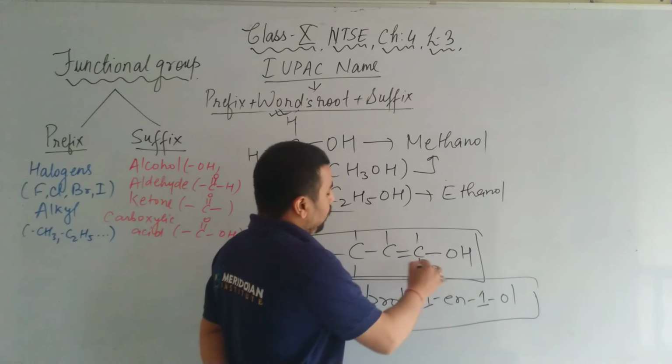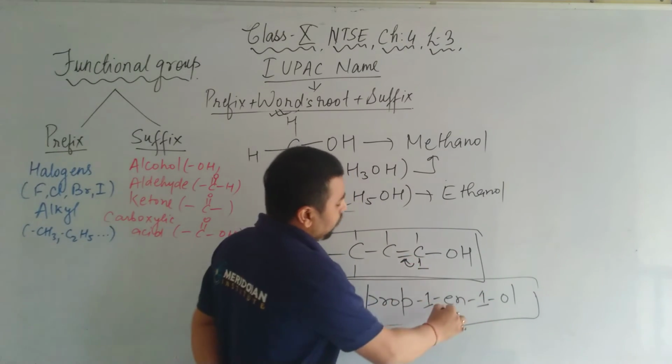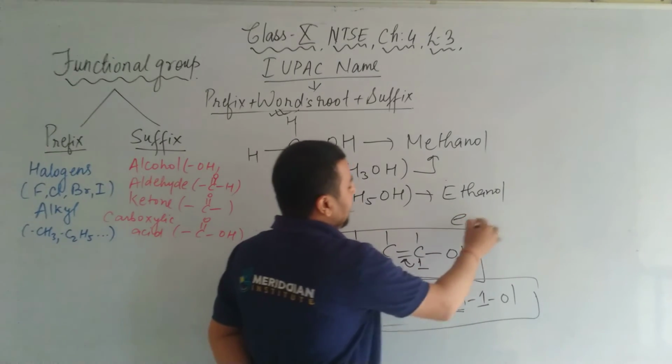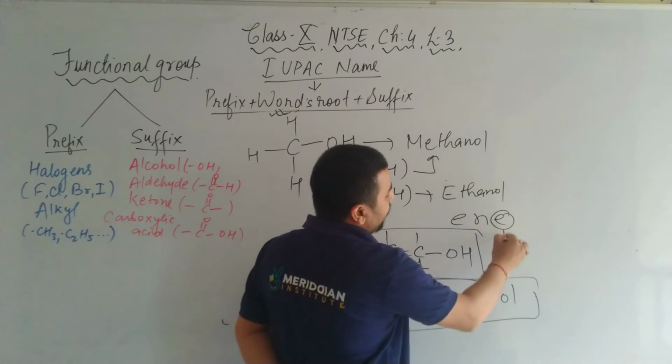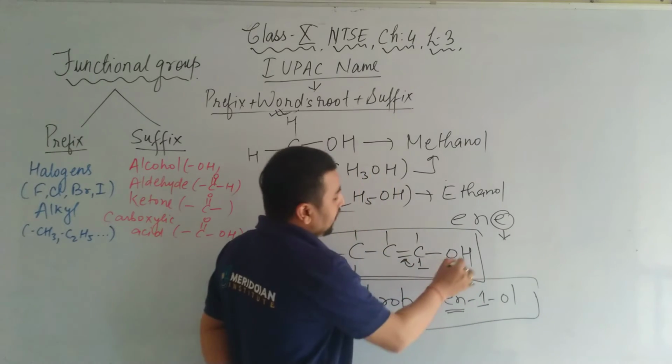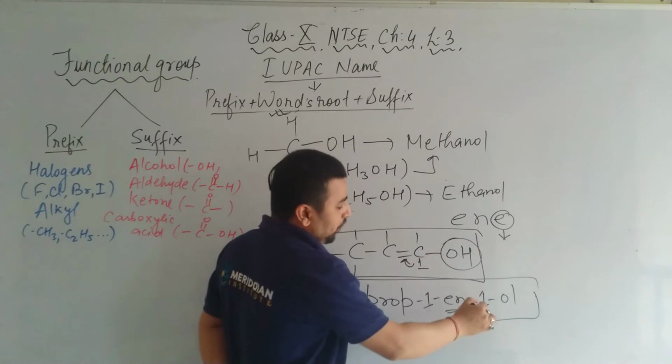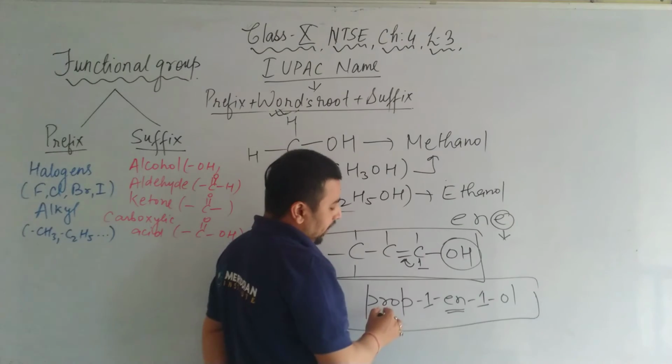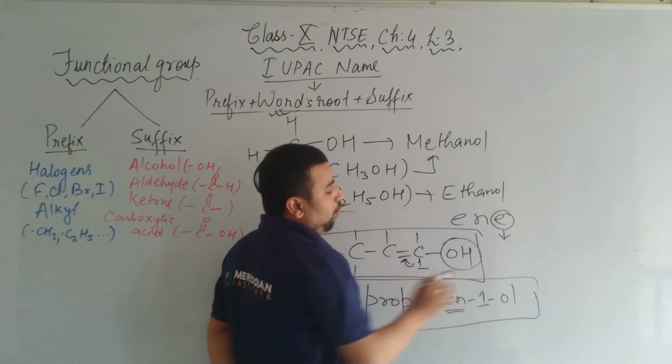Because at the first position the double bond is there, so that's why -ene and -ol. This E we have to remove and add the functional group at the first position. So that's why I have written here prop-1-en-1-ol.